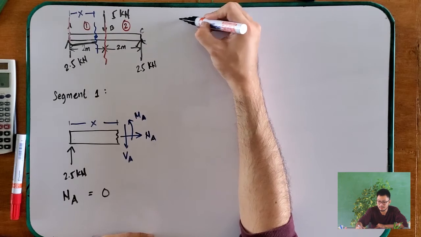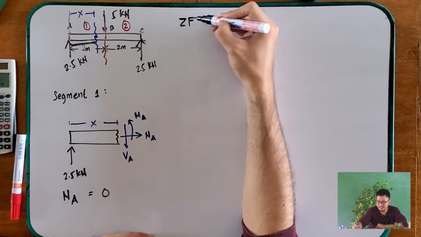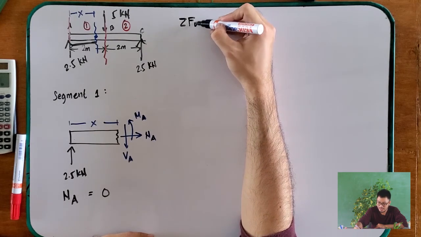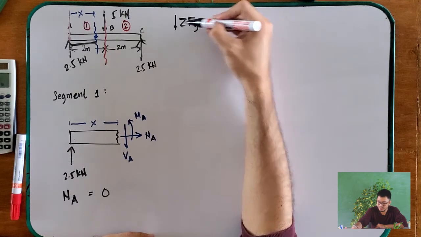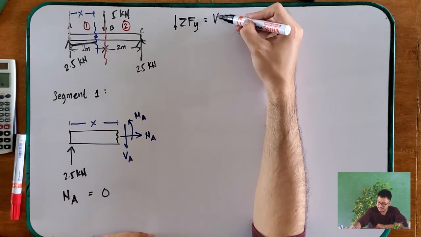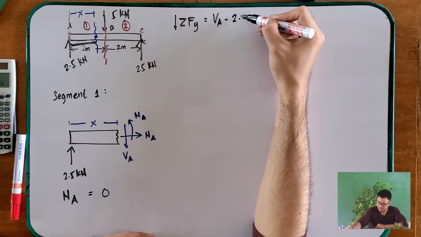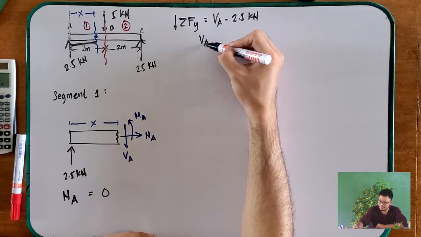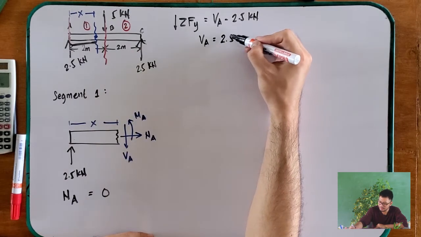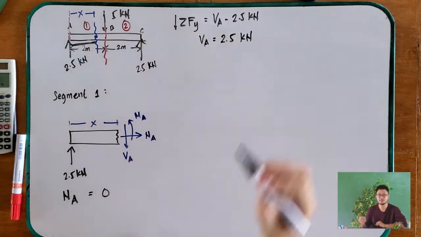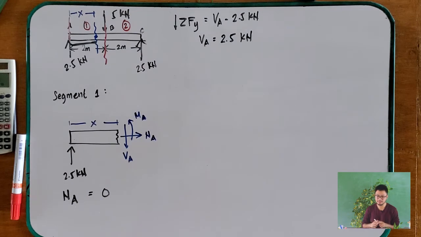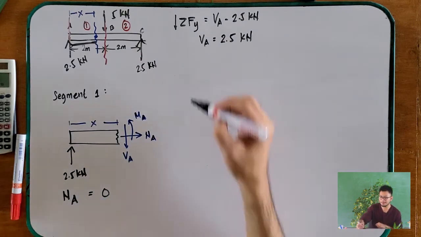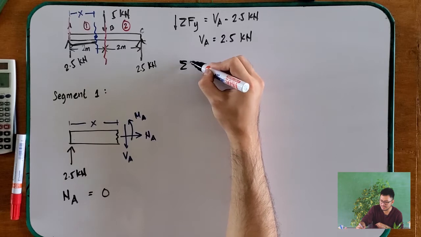Okay? How about for our VA? What we have to do is sum the forces along y, going down, equal to VA minus 2.5 kilonewtons. So therefore, your VA right here is just 2.5 kilonewtons. Okay? How about your MA?